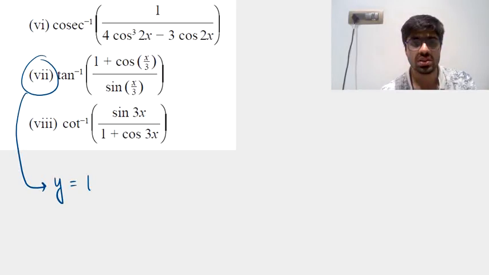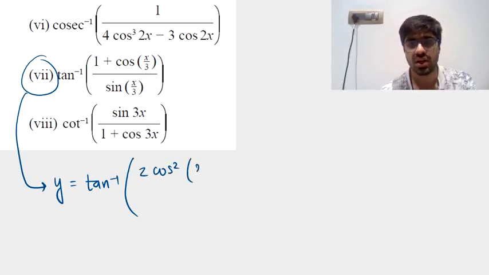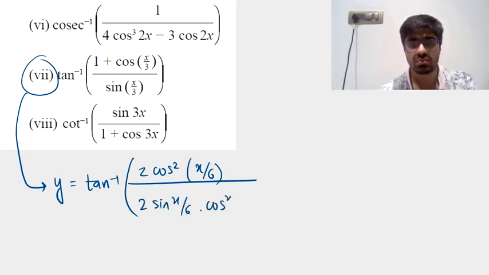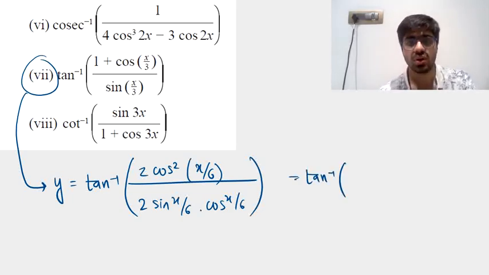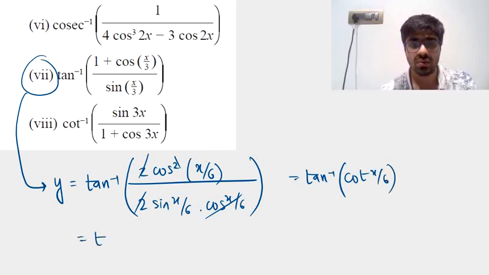Again, it's all a simple application of trigonometry here. Tan inverse of (1 plus cos x by 3), that will be 2 cos square x by 6, divided by sin x by 3, which will be 2 sin x by 6 cos x by 6. This is tan inverse of, 2 gets cancelled, cos square gets cancelled, cos x by 6 upon sin x by 6, which is cot x by 6. So this will be tan inverse of cot x by 6.